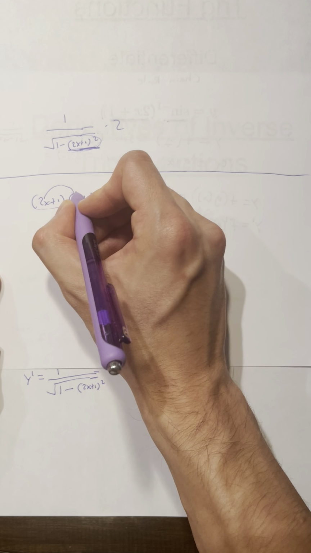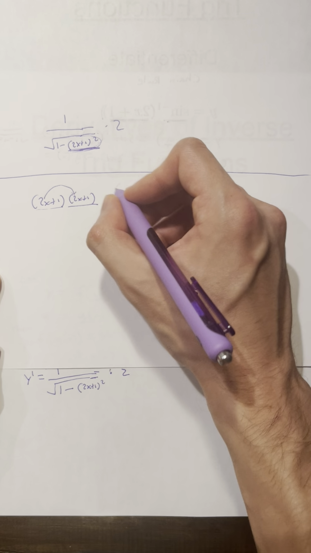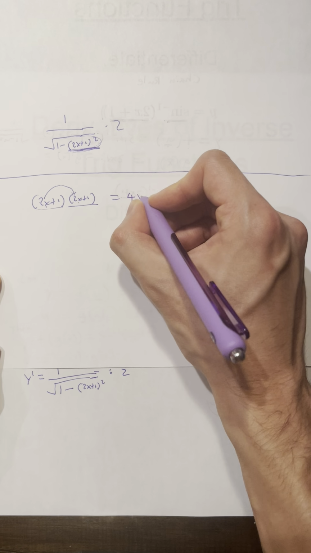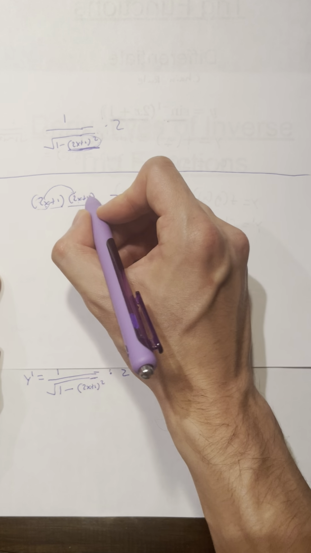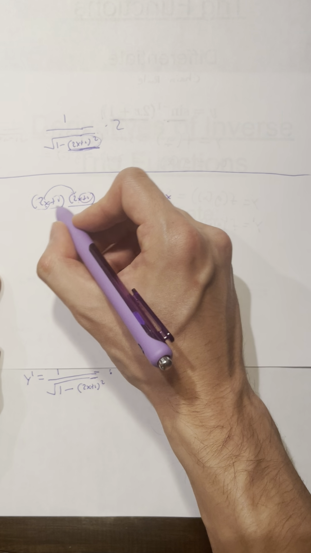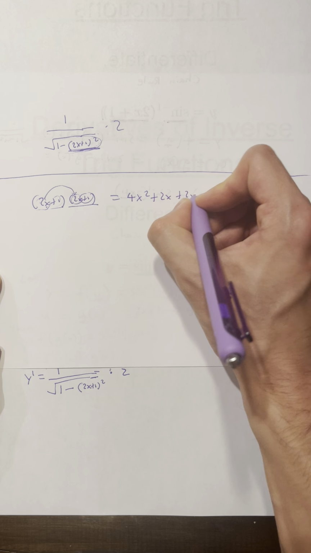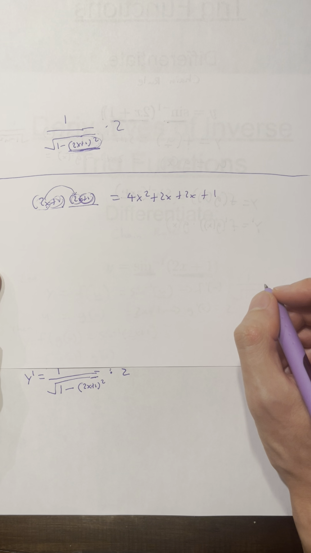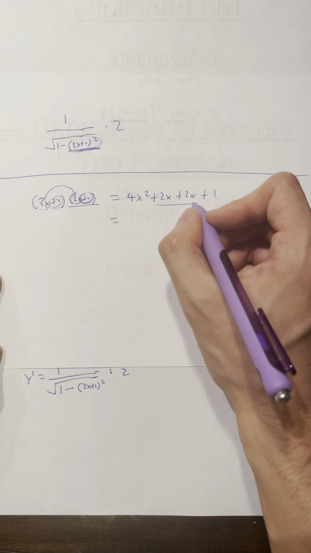So 2 times 2 is 4, x times x is x squared, 2x times 1, that's just 2x, 1 times 2x, and then 1 times 1. All right, and I can combine this.